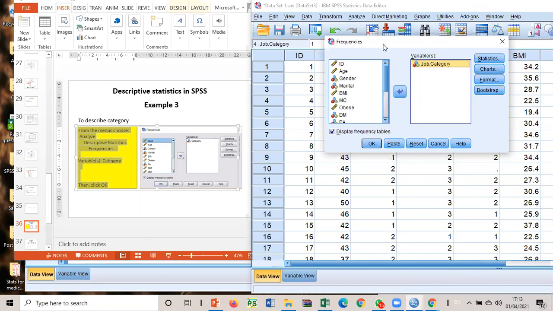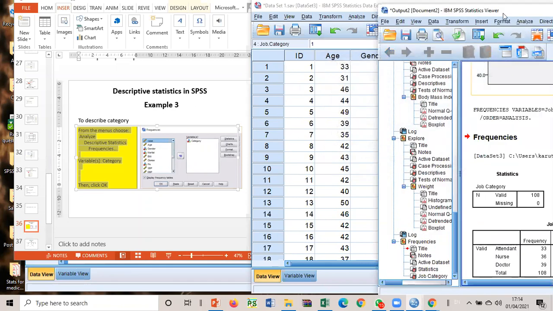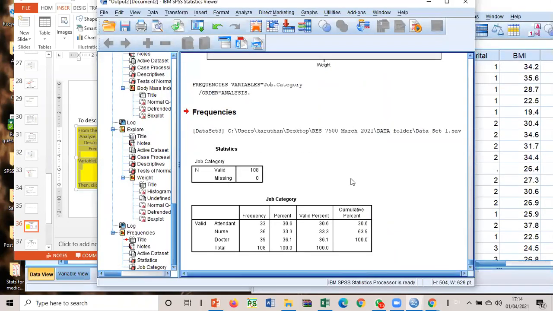Okay, job category. I click OK. So look at the results. Very straightforward. How to interpret this now? What are the three groups of workers there? Attendant, nurse, and doctor. How many attendants? 33.